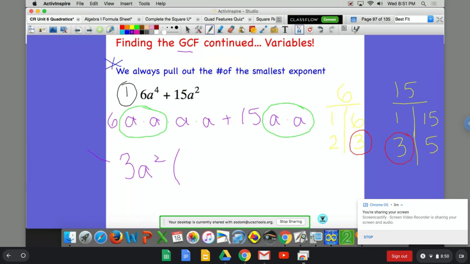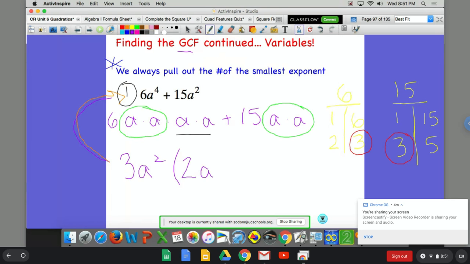So now 3a squared times what? Use orange. Times what will give me 6a to the fourth? Well, 3 times 2 will give me 6. And if we have a squared on the outside and we need a to the fourth, how many a's are we missing? And it tells us right there we're missing 2 a's.